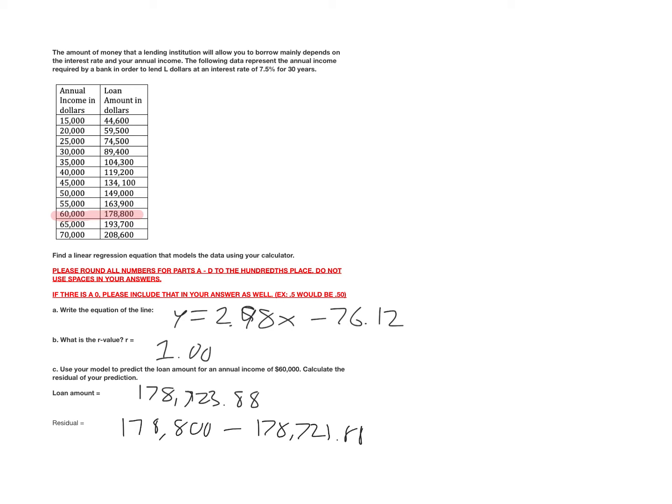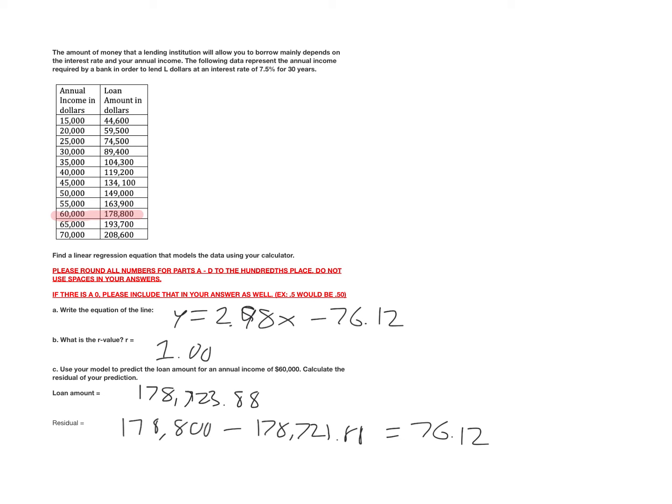And if I do that subtraction, I should get $76.12. It should be positive because it's always actual what happened in the table minus the prediction. All right. So that first part, this is number 6.